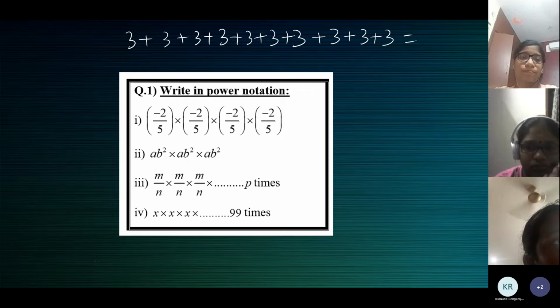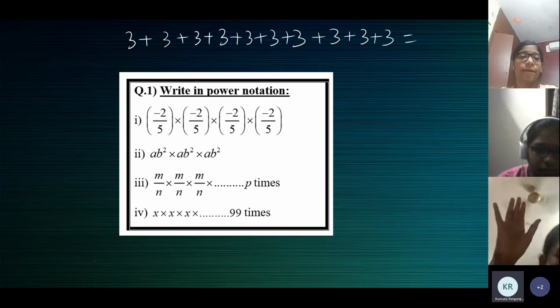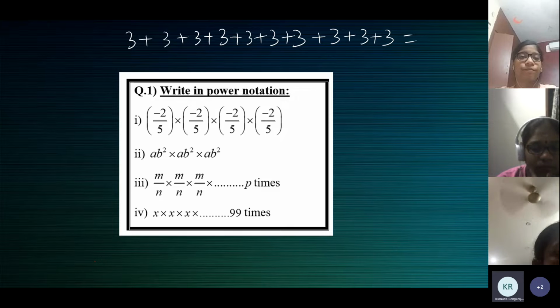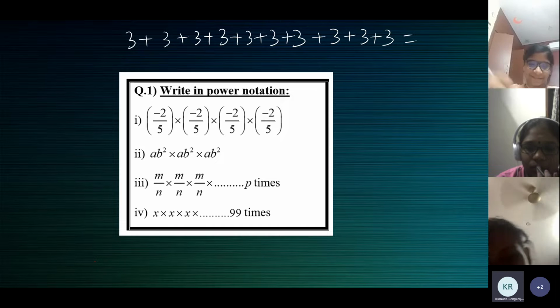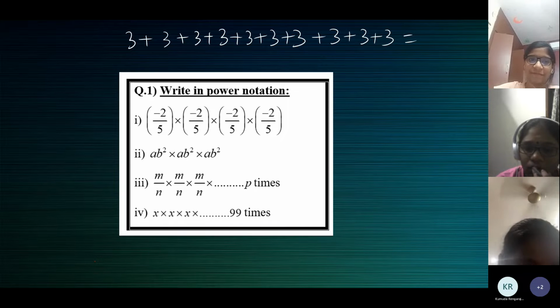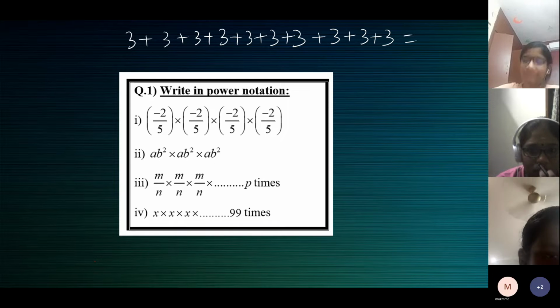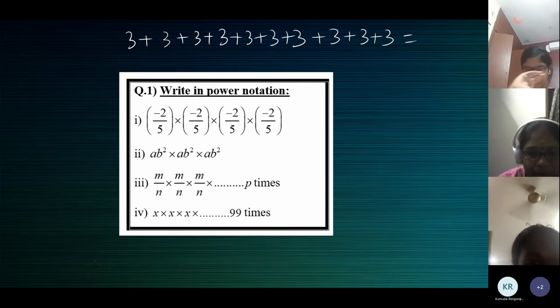No. Ma'am, shall I try? No, 1 minute. Now we'll just assume we are in the third or fourth standard. So this is repeated addition. Ma'am, 3 into 10. Very good! Repeated addition is multiplication.